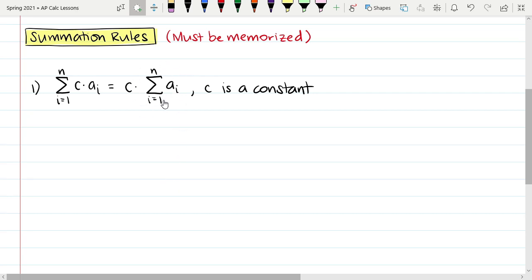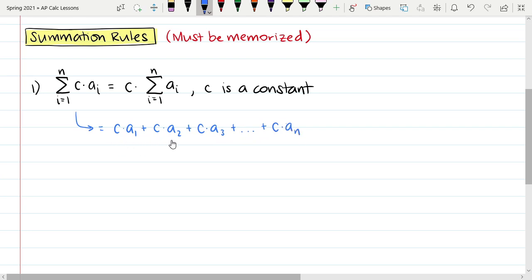So again, this is very much like what you saw with limit of a constant times a function, or the derivative of a constant times a function. And in both of those cases, you were able to factor the constant out in front, so we can do the same thing here. Now, just to keep in mind the reason that this works, if I were to expand the original summation expression here, that would then equal c times a sub 1 plus c times a sub 2 plus c times a sub 3 plus dot dot dot, finally all the way up to plus c times a sub n.